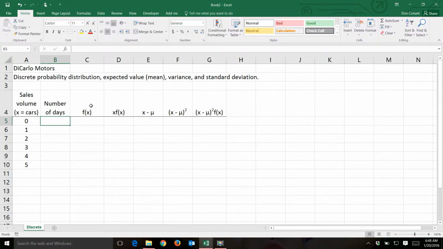Then they counted the number of days that each sales volume occurred. So 54 days, they sold no cars. 117 days, 1 car. 72 days, 2 cars. 42 days, 3 cars. 12 days, 4 cars. And 3 days, they sold 5 cars.